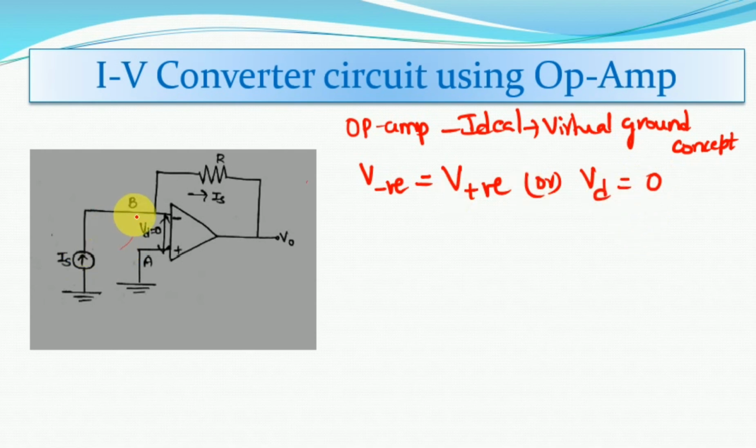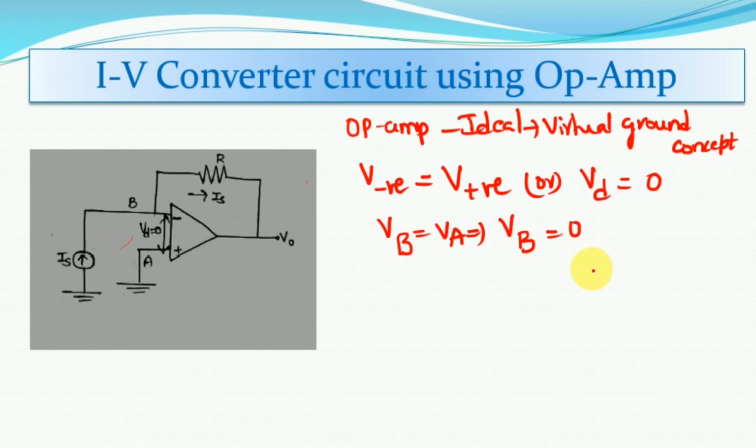For this circuit, I am considering the non-inverting terminal as node A and the inverting terminal as node B. According to the virtual ground concept, VB should always be equal to VA. From this circuit, VA is 0, so the potential VB is also equal to 0.